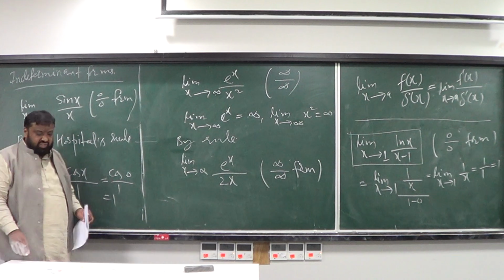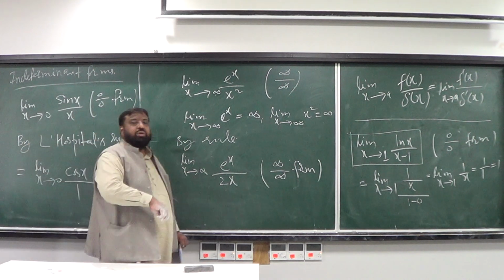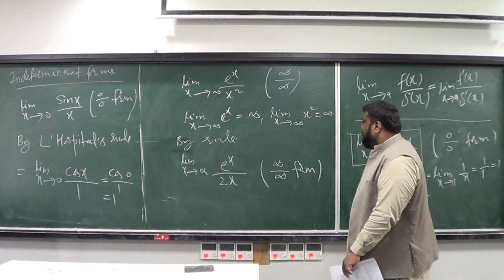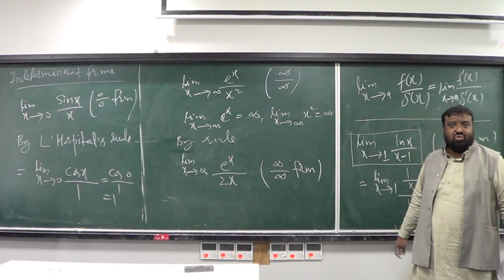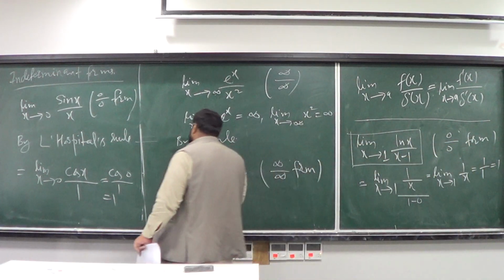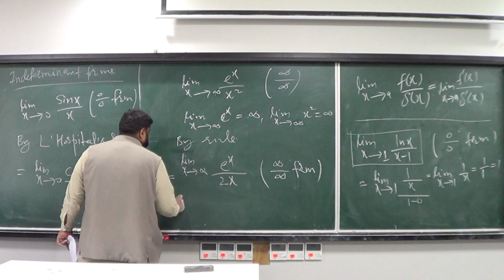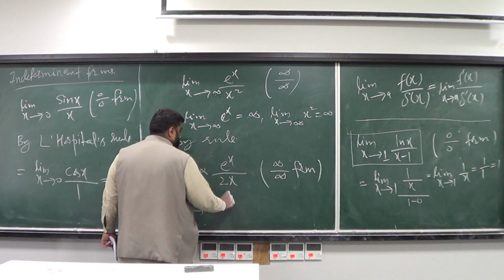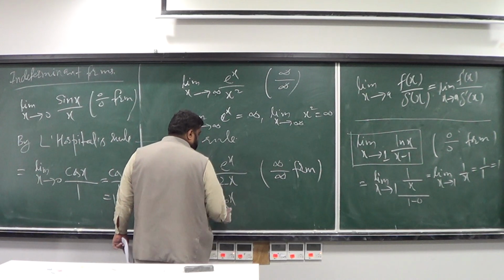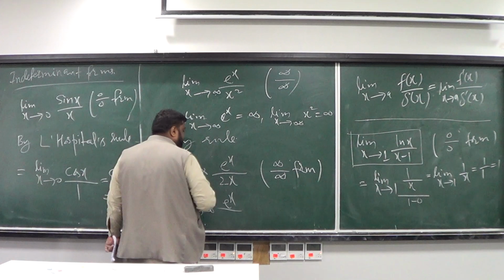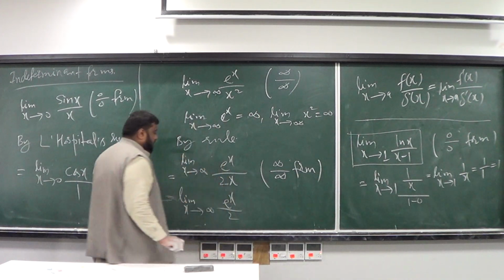If applying the L'Hopital rule once did not solve the problem, then what you can do is apply it again. Nothing is stopping you. So what are you going to get? The limit as x goes to infinity of e to the x, since the derivative of e to the x is again e to the x, and the derivative of the denominator is equal to 2.